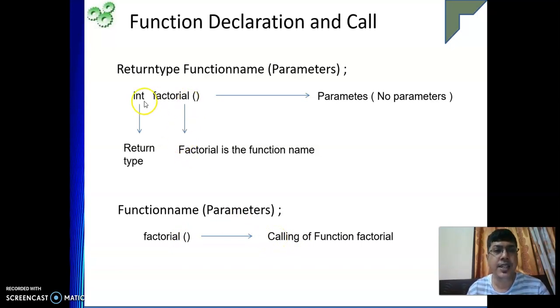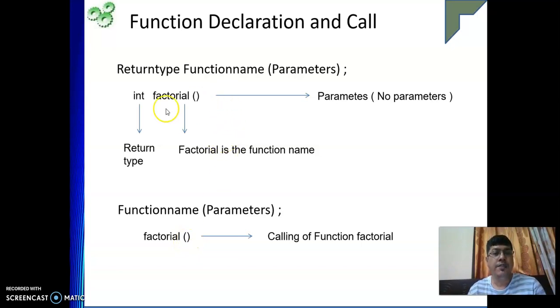Now if I write int factorial with int n, that means I am passing one parameter. What kind of parameter am I passing? n is a variable of type int. So if I have factorial(5), this 5 is the value I'm passing, because we already mentioned in the declaration that it is an int, and here I'm talking about the values.